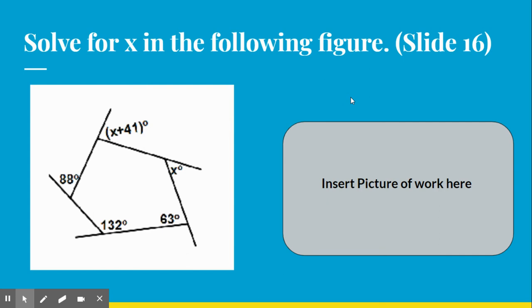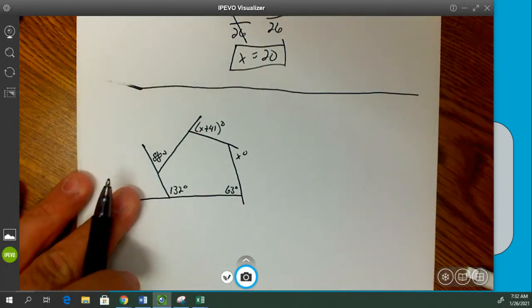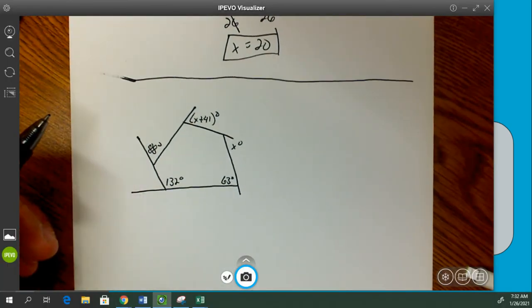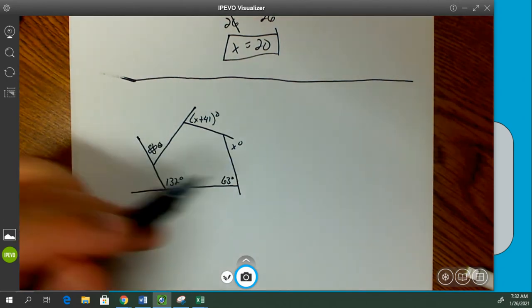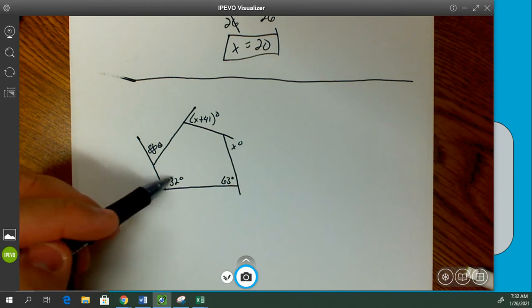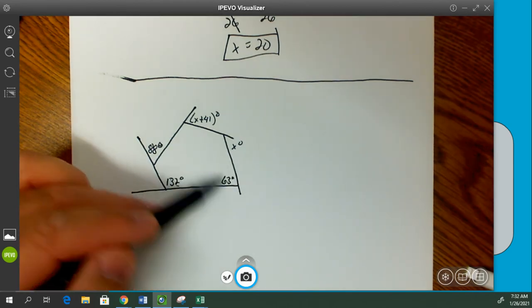So what do we do? Well, we need to move a couple of things around or find more information. So I kind of redrew it here. Anytime I'm starting to have a question on things, I like to redraw it so I can draw on it. These two angles are inside, and I'd rather move those to the outside somehow.